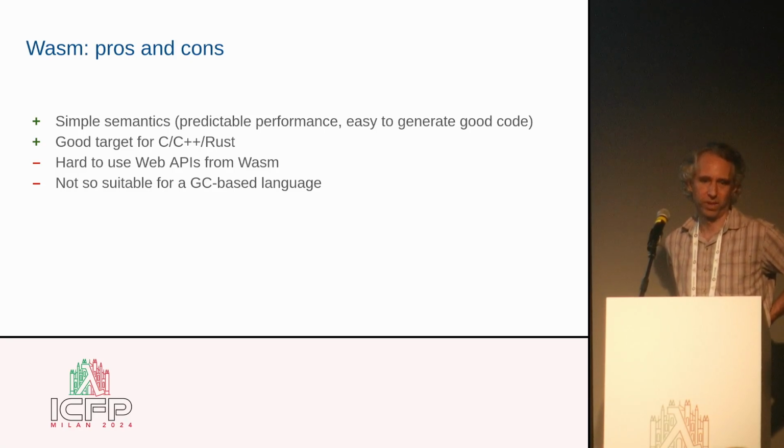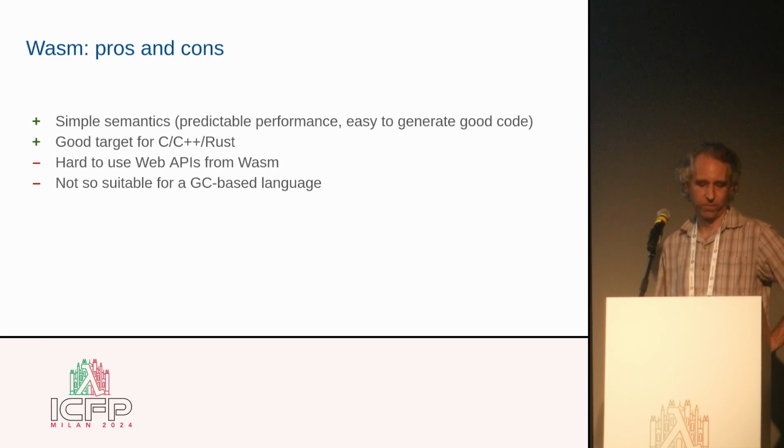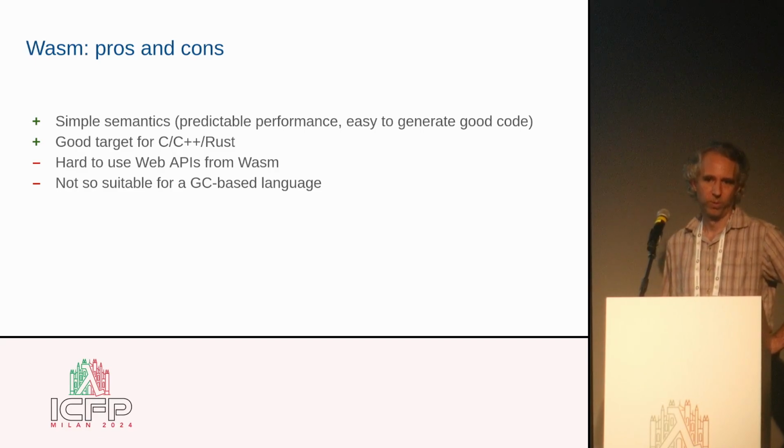JavaScript engines are doing some magic to generate efficient code, and sometimes the magic just does not work. And it's a very good target for C and C++ because the memory model is very similar.